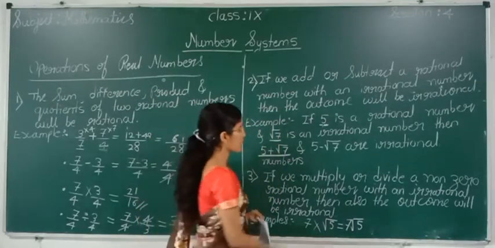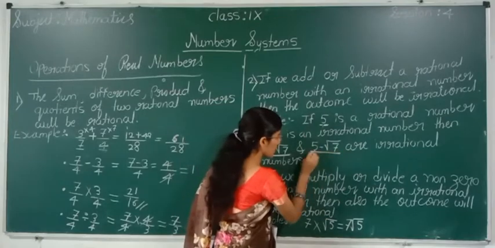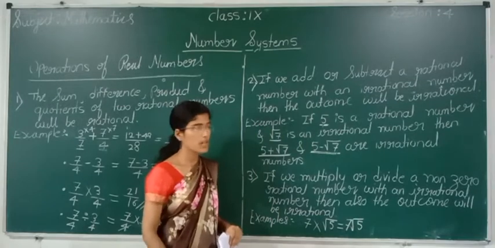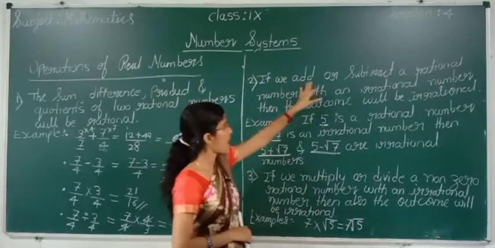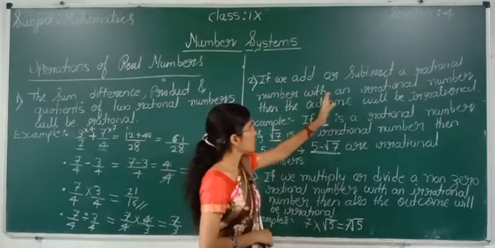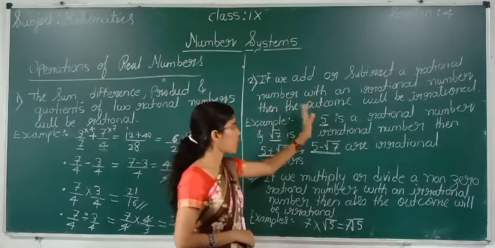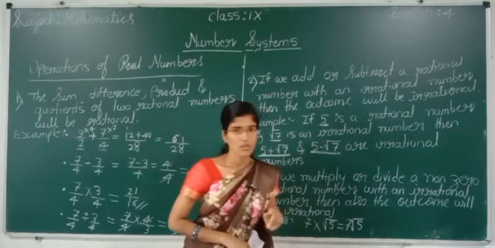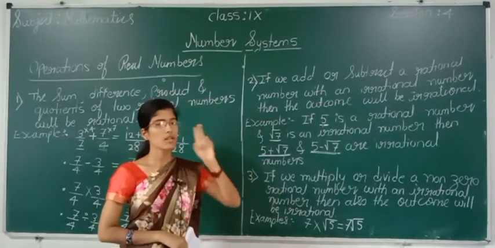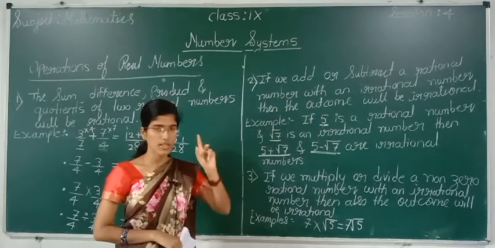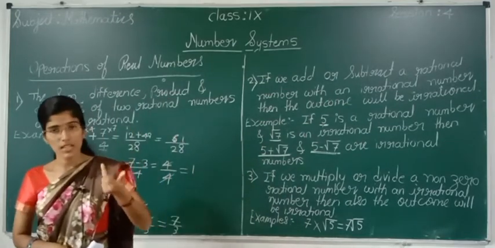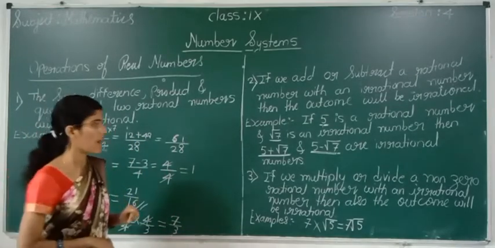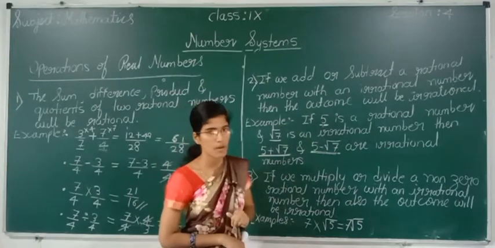Again, if you do subtraction also, definitely 5 minus root 7 is an irrational number. Therefore, if we add or subtract a rational number with an irrational number, then the result will be irrational.